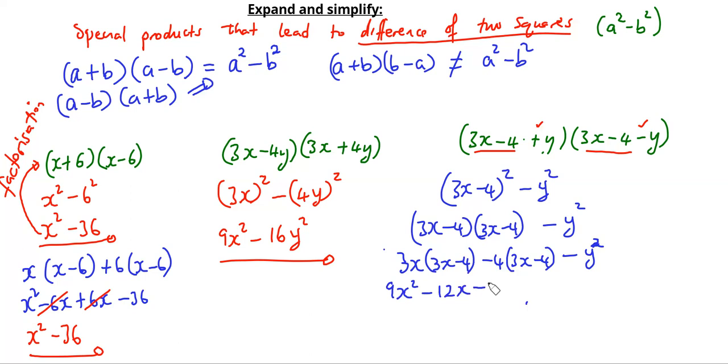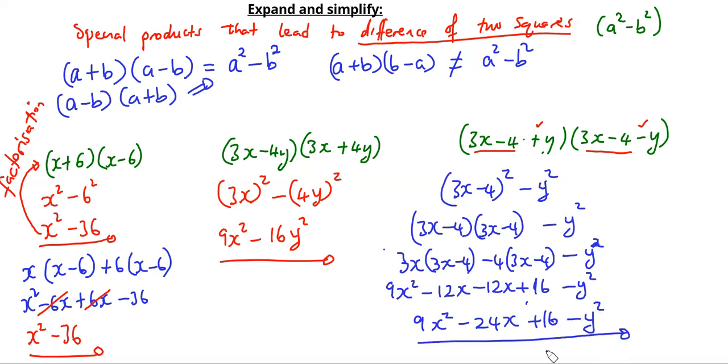Then here minus 12x. Then here plus 16. Then minus y squared. Then this is going to be 9x squared minus 24x, because these are like terms, negative 12x, negative 12x, plus 16 minus y squared. This becomes our final answer like that.